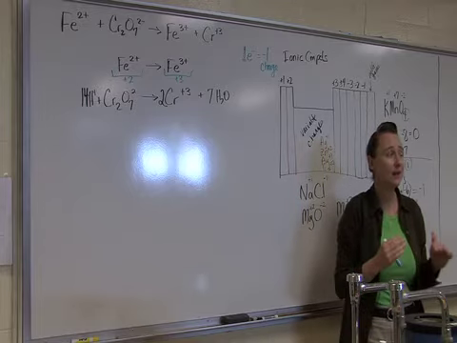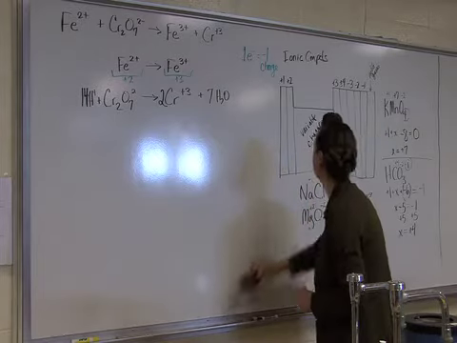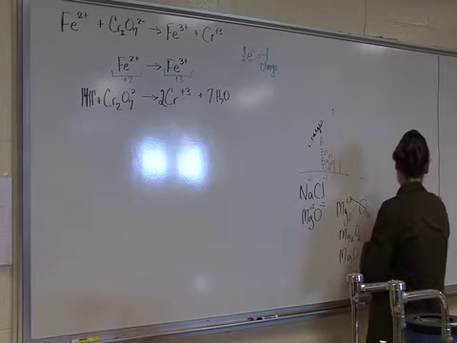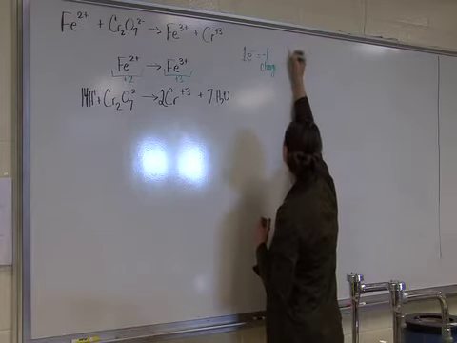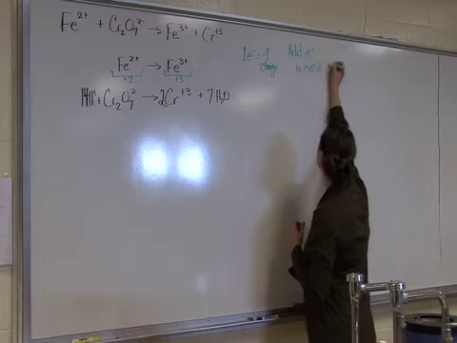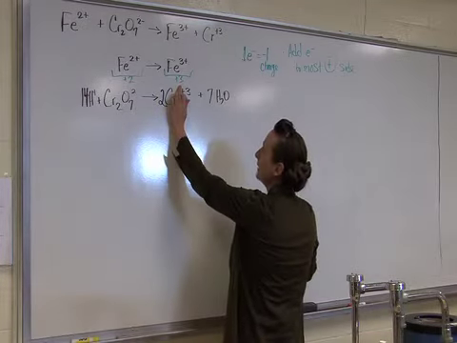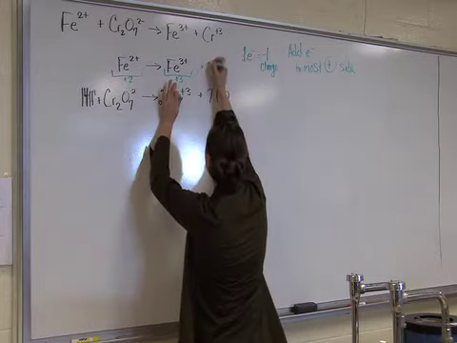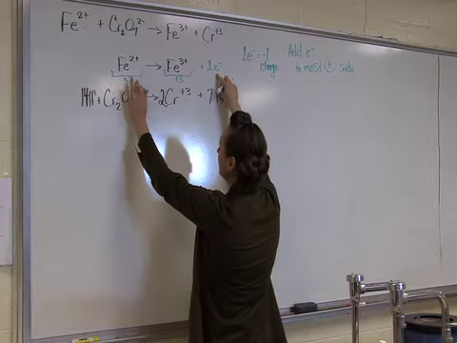So every time you add electrons, you're going to bring the charge down. So you're always going to add electrons to the most positive side. All right, so that's going to be +3. In order to bring +3 down to +2, I need 1 electron. So +3 and a -1 equals +2.